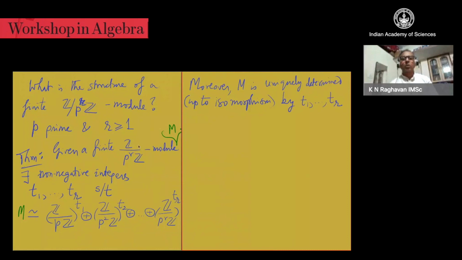So the module structure over such a ring is just like this, determined by an R-tuple of non-negative integers.